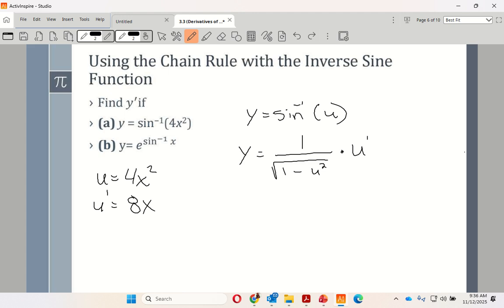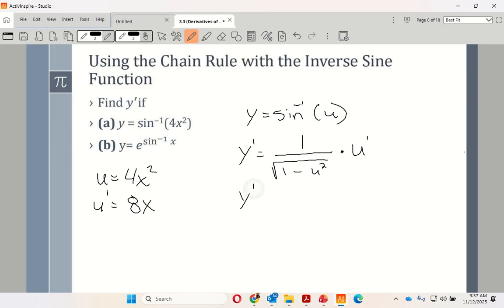Writing it down step by step is super important. Every single step. I do this for a reason. Keep everything organized. So y prime is 1 over the square root of 1 minus 4x squared, times u prime, 8x.